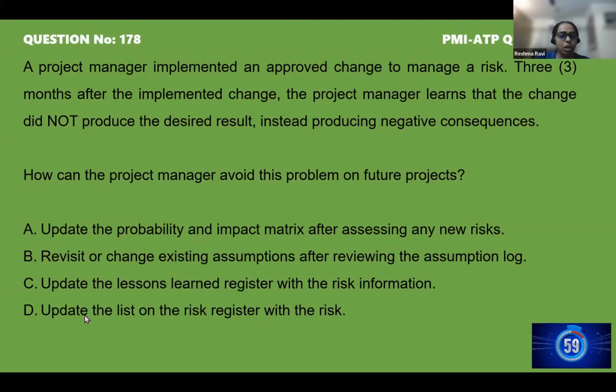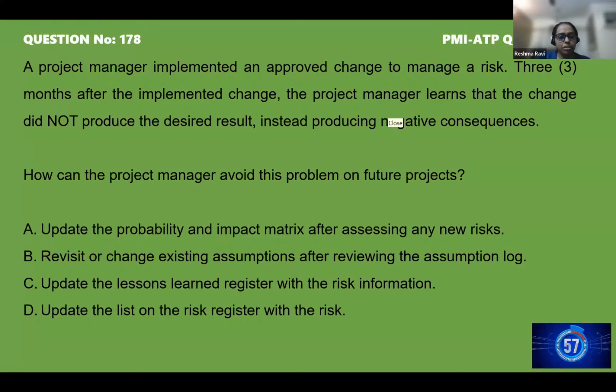The options are: A, update the probability and impact metrics after assessing any new risk. B, revisit or change existing assumptions after reviewing the assumption log. C, update the lessons register with the risk information. D, update the list on the risk register with the risk.